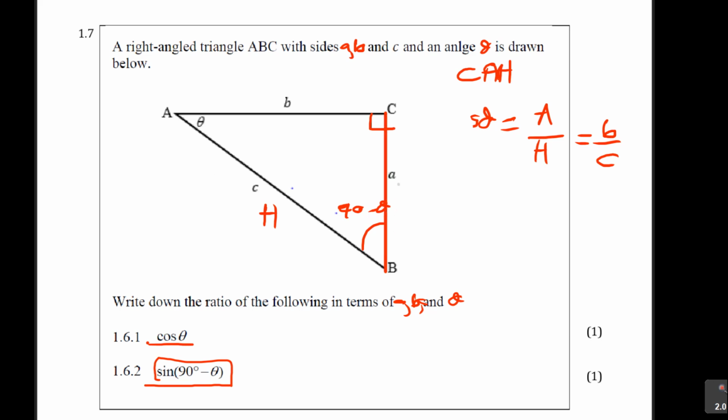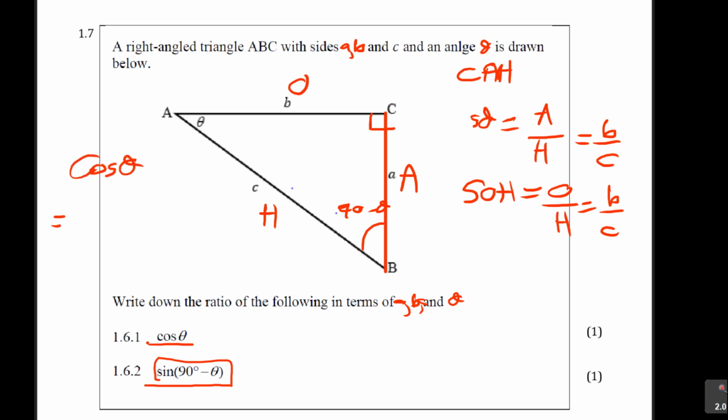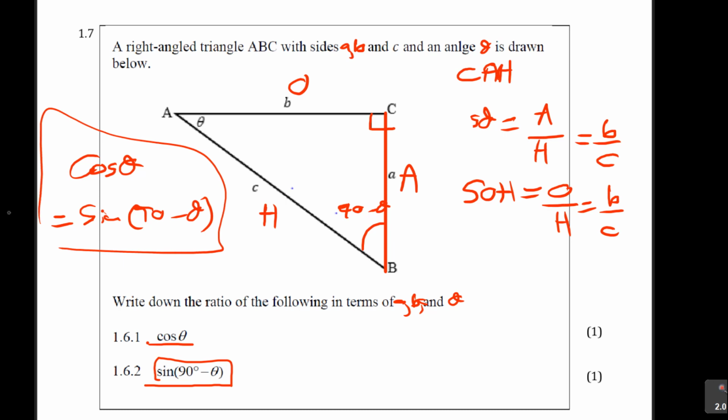So this becomes now my adjacent, this becomes my opposite. And so sin is equal to O over H. Simple thing, it's B over C. You can see then that cos theta is equal to sin of 90 minus theta. It's a common one there.